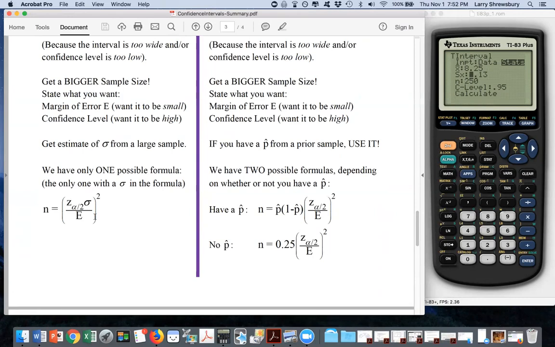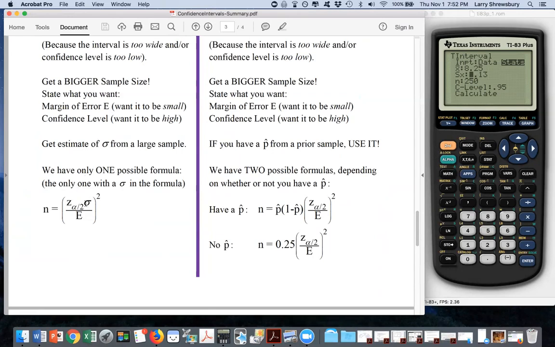So this is what's different. They actually tell you what the margin of error E is. In other words, these are your demands. You're saying, look, I want to have my margin of error E to be this small. And on top of that, I want my confidence level to be this high. So the idea is that you're being very demanding here. This is what it takes to make you happy.